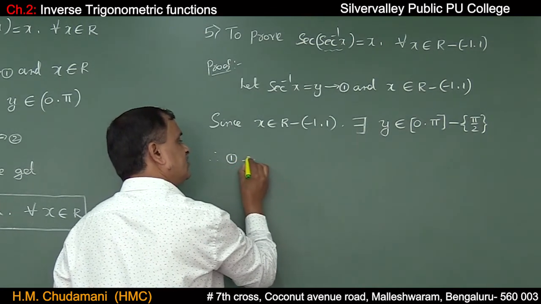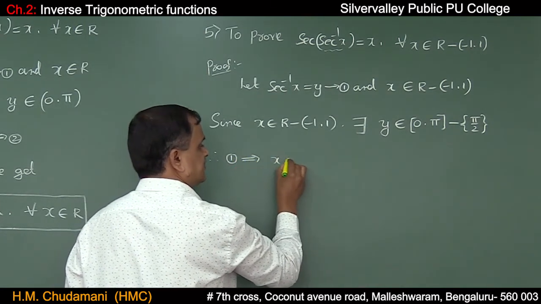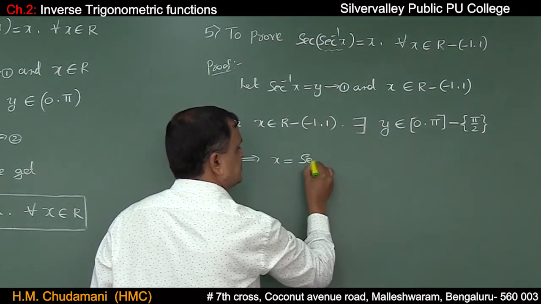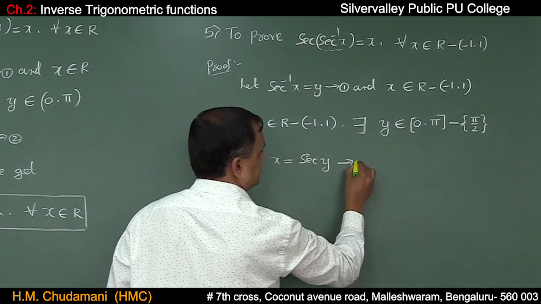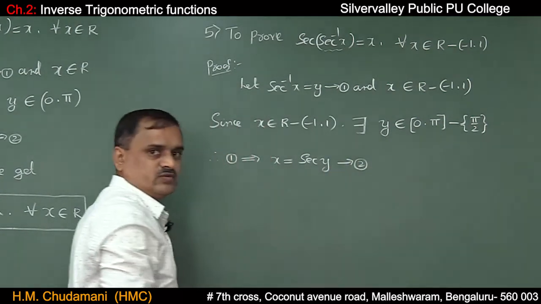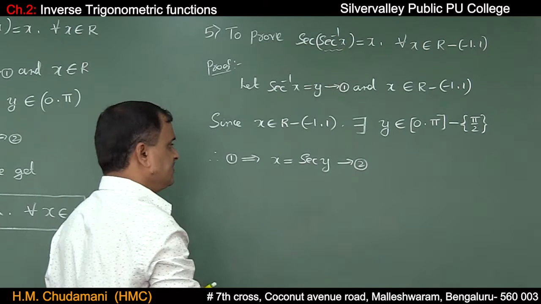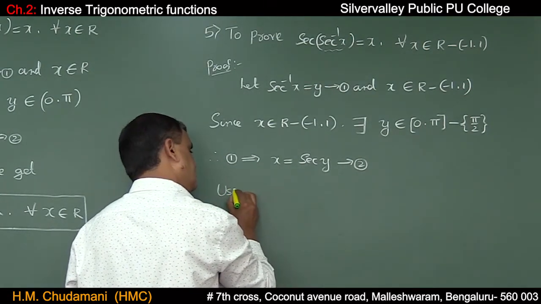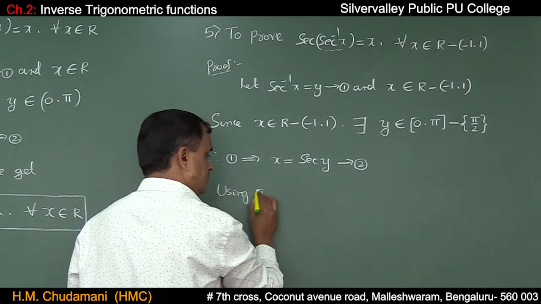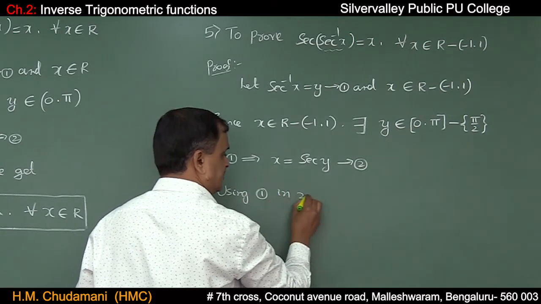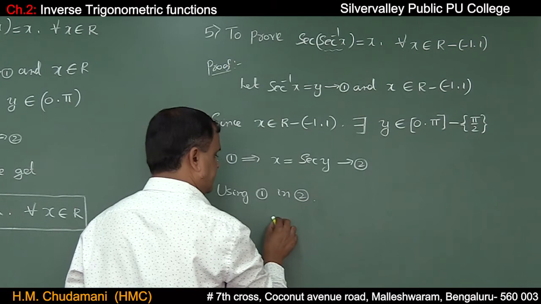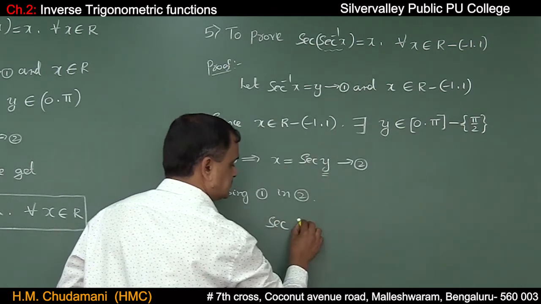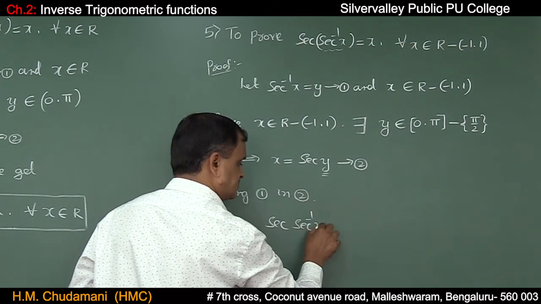Therefore, equation 1 can be written as, since the inverse of the function secant exists, x is equal to secant y, say equation 2. Now, using equation 1 in equation 2, we get secant of, in place of y, secant inverse x.